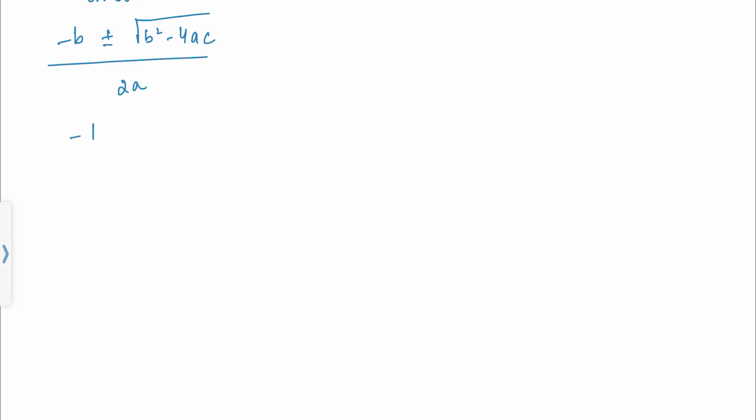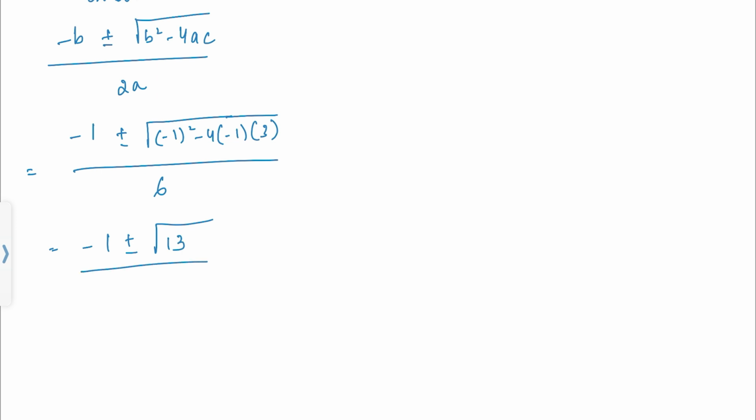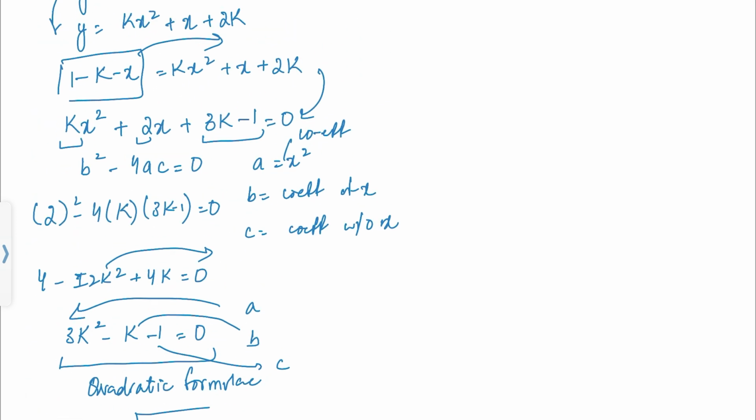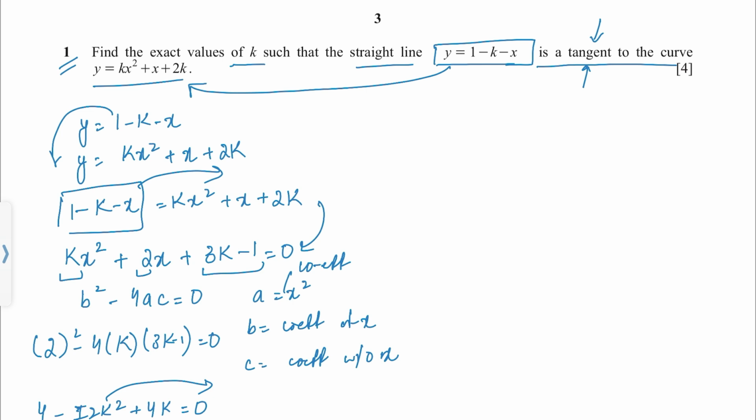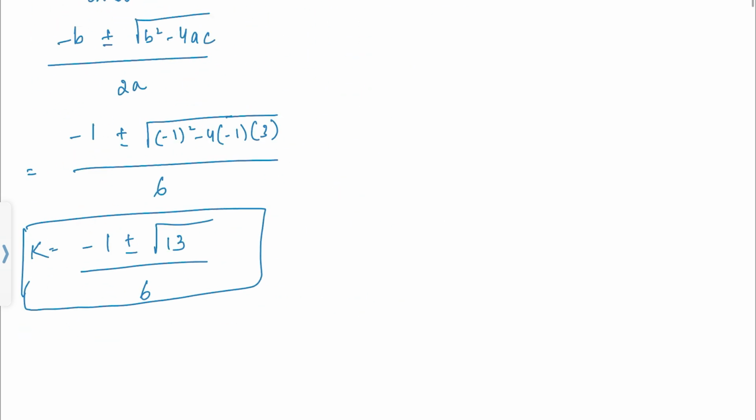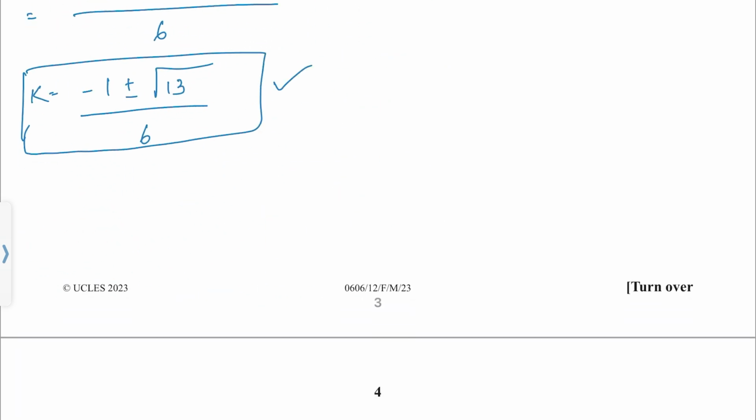So this gives minus minus 1 plus or minus the square root of minus 1 whole squared minus 4 times 3 times minus 1, over 2 into 3, which is 6. So our final answer is 1 plus or minus root 13 over 6. This is the value of k. Since the exact value of k was required, we'll write the solution like this.